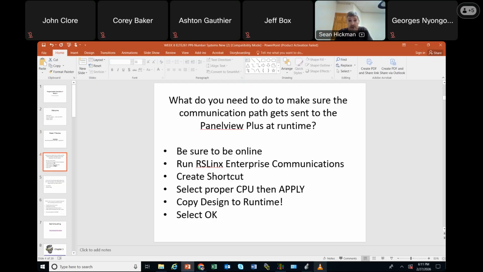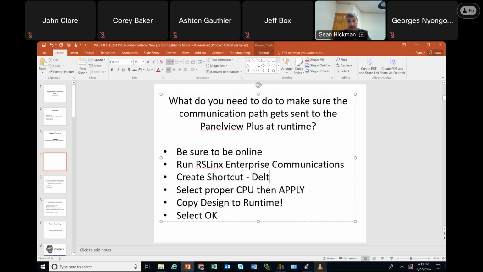And this is right here. What do you need to make sure the communication path gets set in the panel view at runtime? When you want to be sure you are online, you want to launch FactoryTalk View, and you want to run RSLinx Enterprise Communications. You probably have to create the shortcut. If there's a shortcut that's not working, I went in there and deleted old Ethernet paths if you had one. Delete the old ones, add the new one, and then drill down, select your CPU.